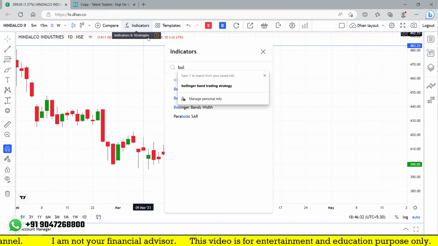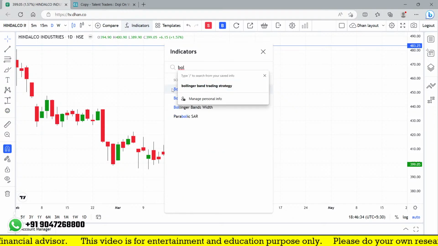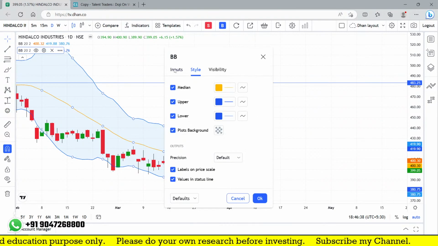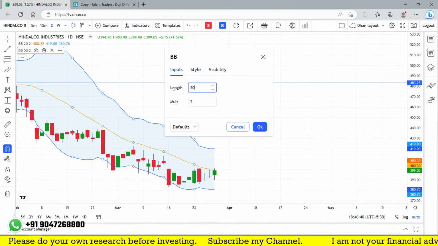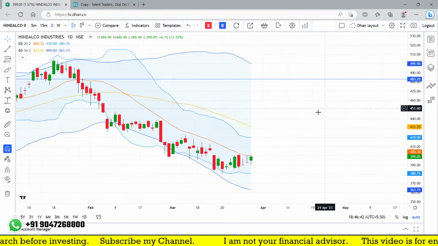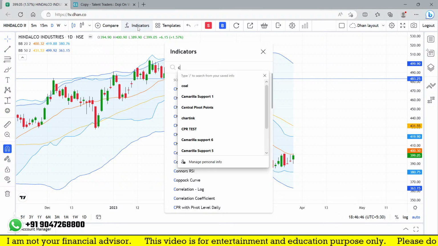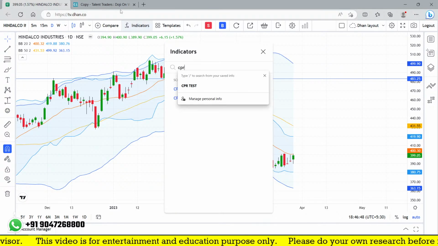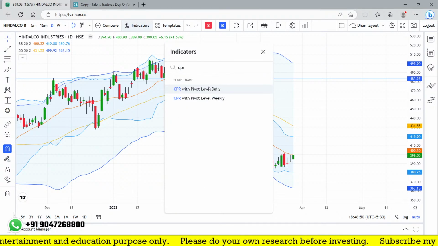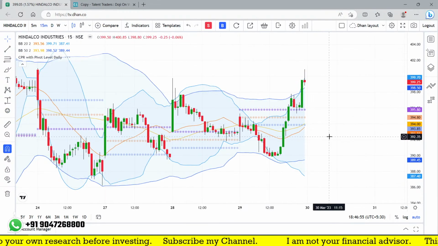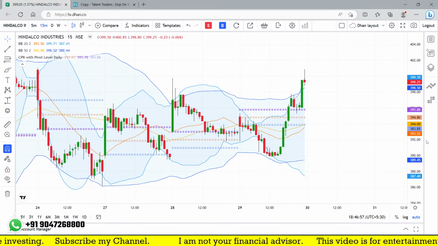I am going to add the Bollinger Band here, two Bollinger Bands, one is 20, another one is 50. And you need to add a CPR. Okay, I just added it, with a 15-minute time frame to watch the CPR. So what type of conditions are you exactly expecting?